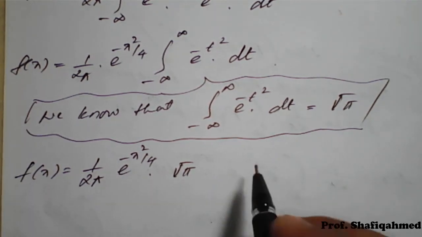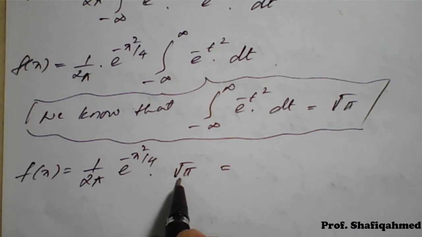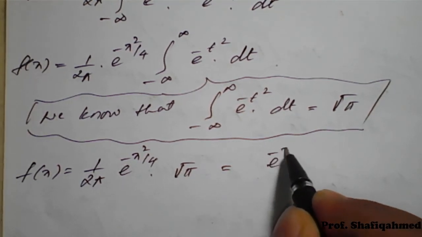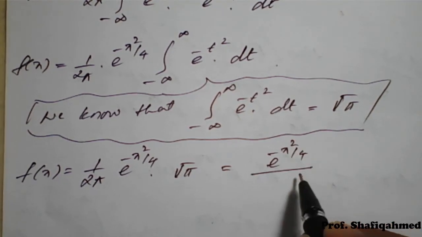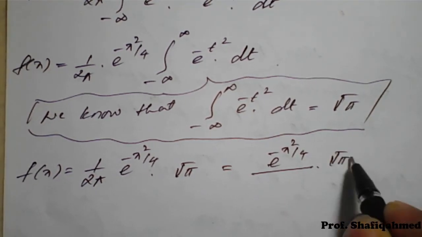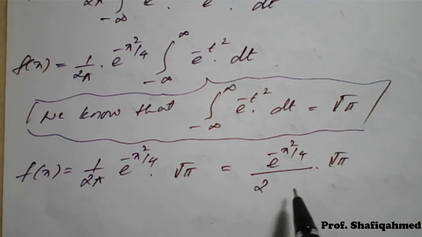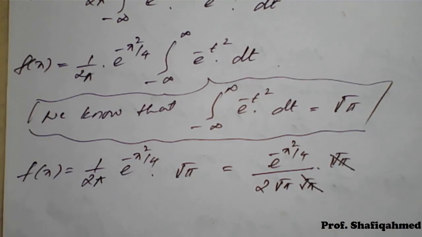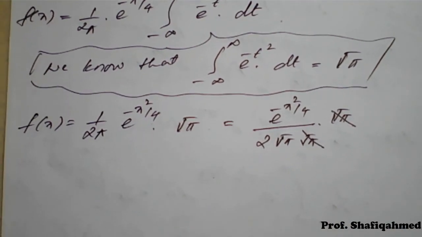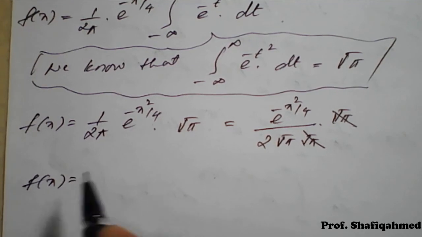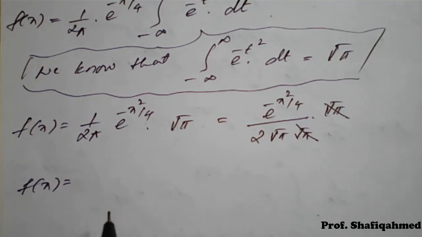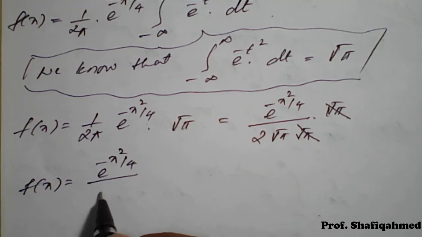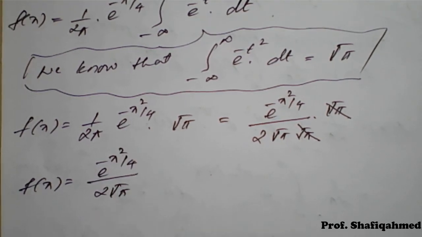So therefore, this is nothing but e raised to minus x square by 4 upon 2 into root pi upon pi, and this pi can be written as root pi into root pi. So one root pi cancels, and we'll get f of x is equal to e raised to minus x square by 4 divided by 2 root pi.